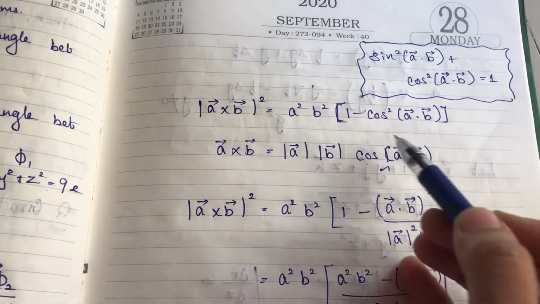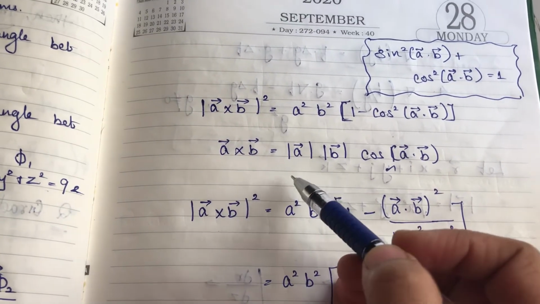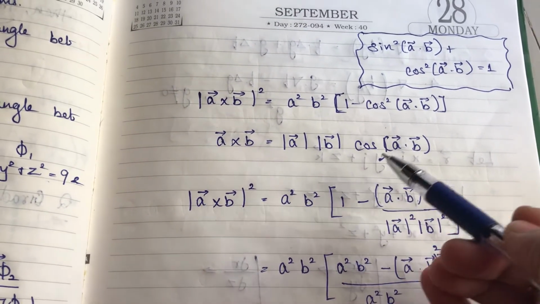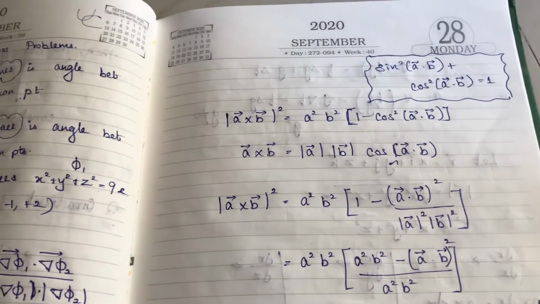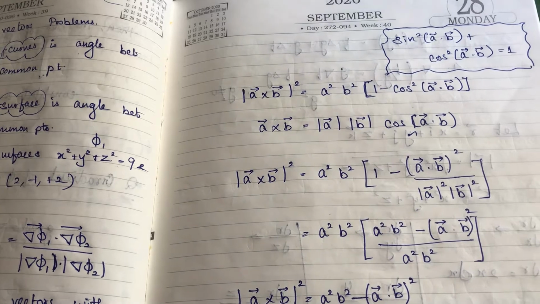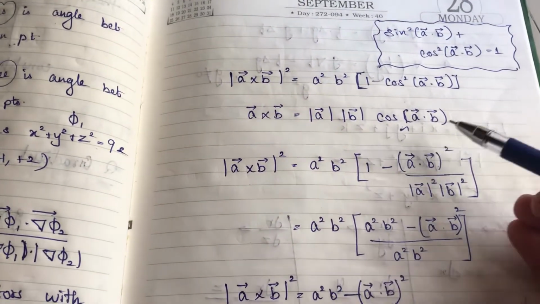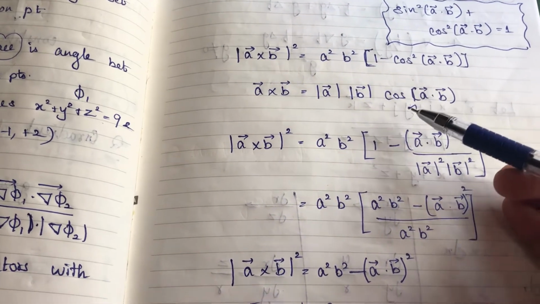This is the formula which includes cos, like a dot b, which is nothing but modulus of a into modulus of b into cos theta, right? There comes the cos. Just take it here. So what is the value?